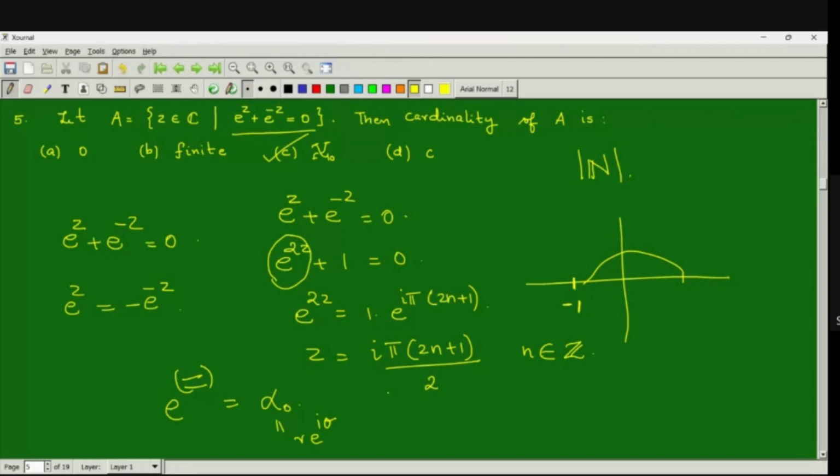Always this is a better idea. Whenever we are asked to find the roots of cosh z, cos iz, sin hz, etc., you just use that e power z plus e power minus z is nothing but cos z. It's a very easy way.